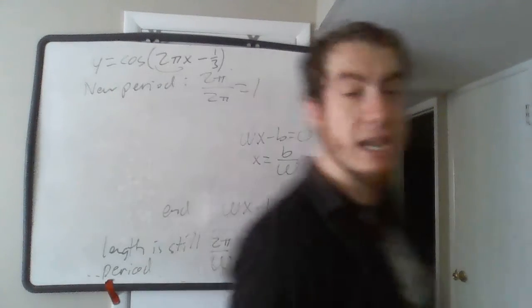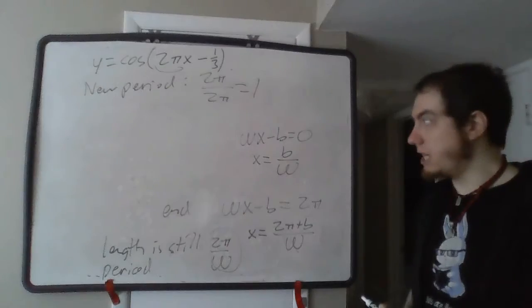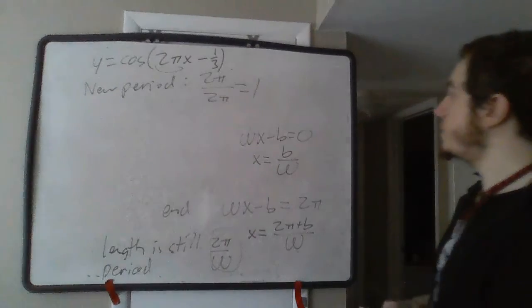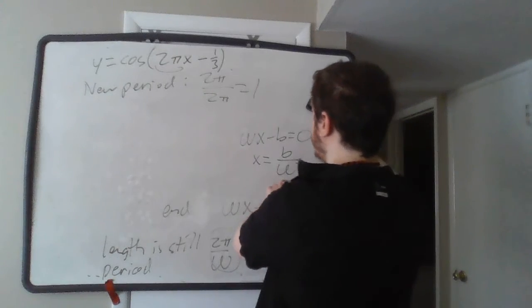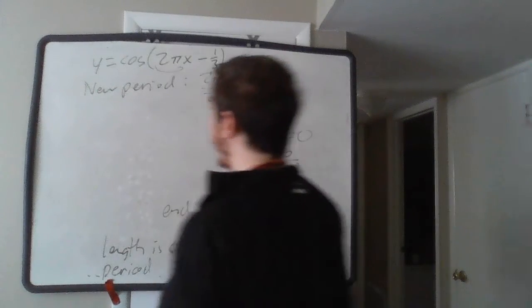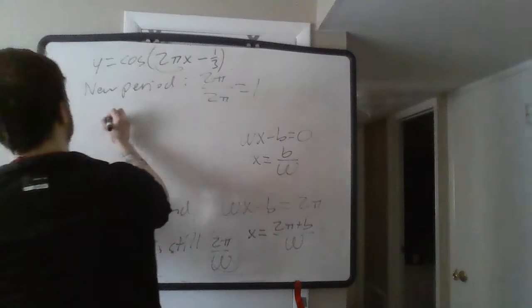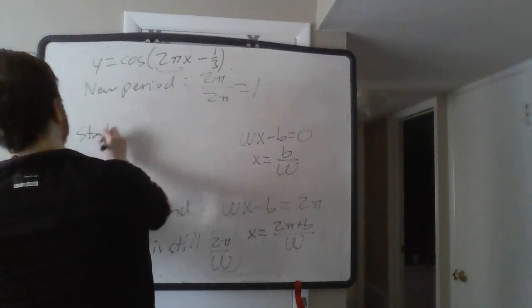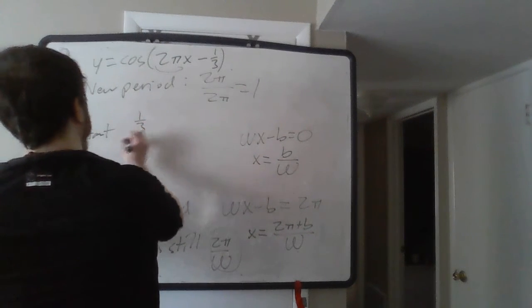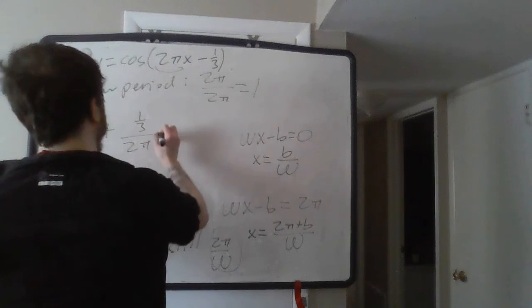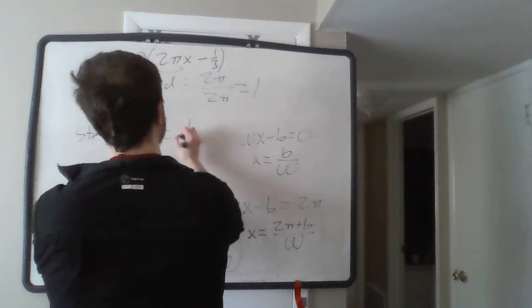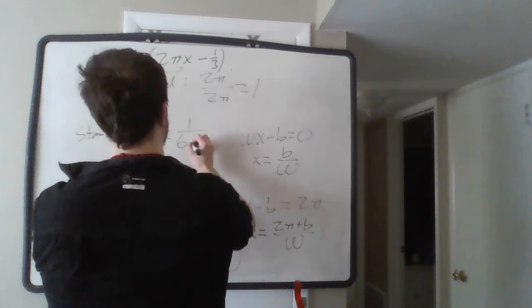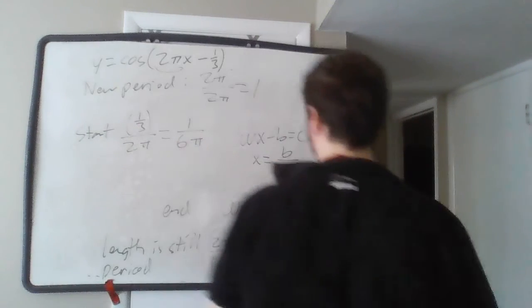So the new period is going to be 1. And the cycle is going to start at b divided by omega. My b in this case is 1/3, so we're going to get our start at 1/3 divided by 2 pi, and that comes out to be 1 over 6 pi.